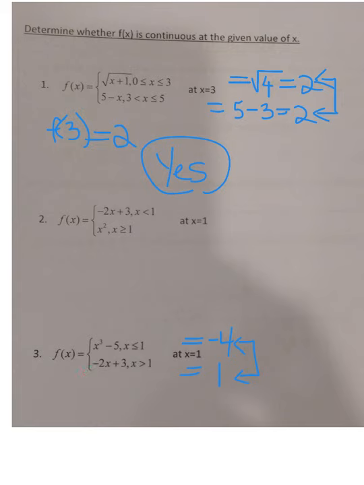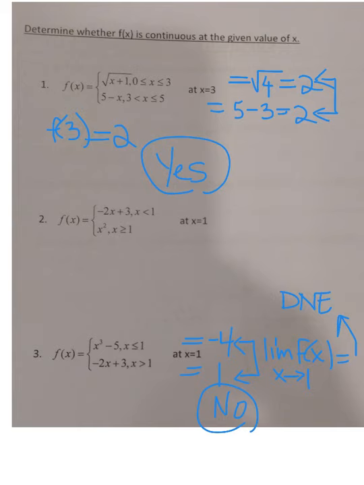So your limit as x approaches 1 of f of x is DNE. So that's why it's not continuous. So I'm going to write no. Okay?